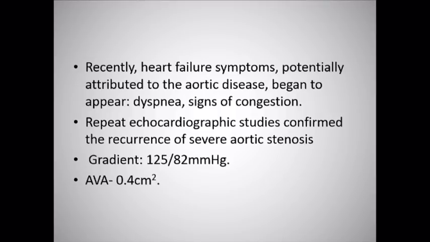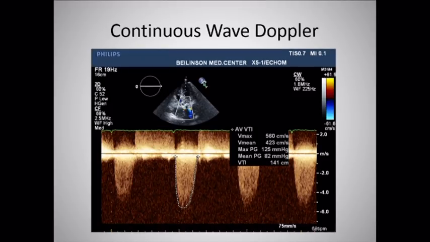In fact, the numbers are suitable for critical aortic stenosis with a gradient of 125/82 this time, and the aortic valve area, which is not indexed, 0.4 square centimeters. Here are the continuous wave Doppler examination numbers, the 125/82.